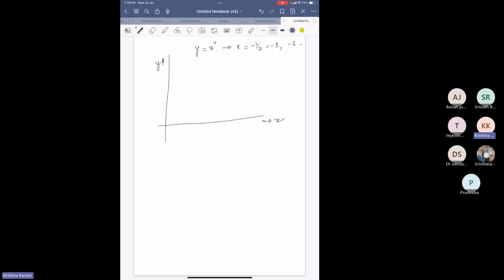If I now plot it, obviously, whatever be r, the point (1, 1) is going to be satisfied. That is a curve which is, give me a second, let me draw it clearly.